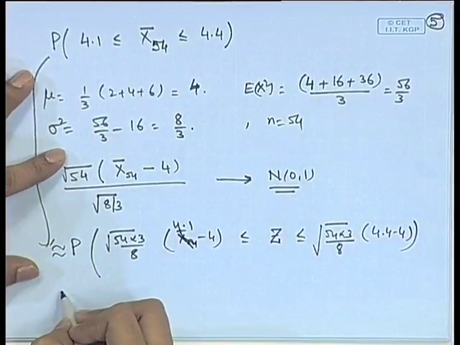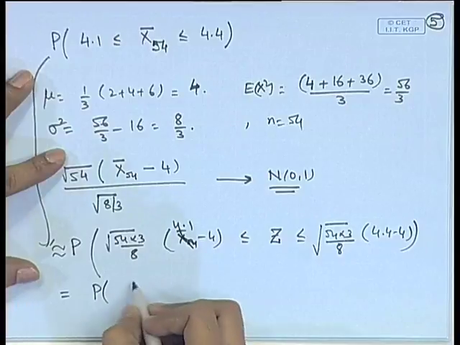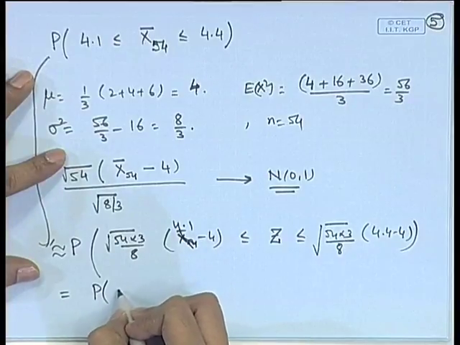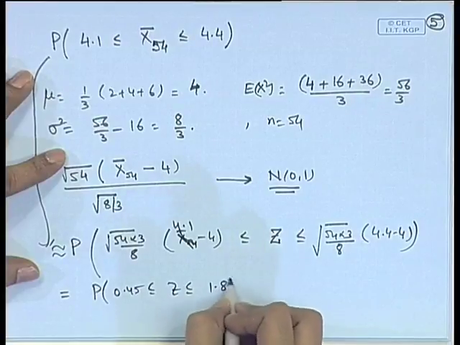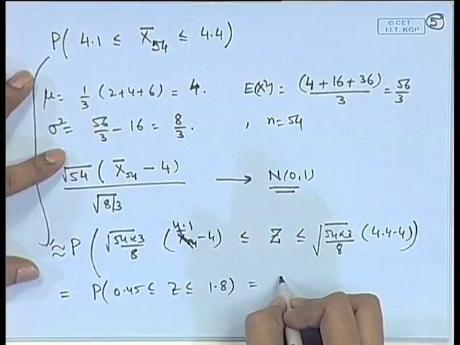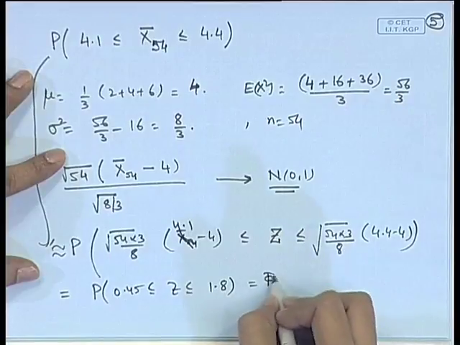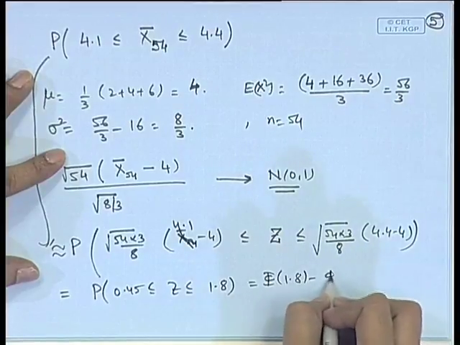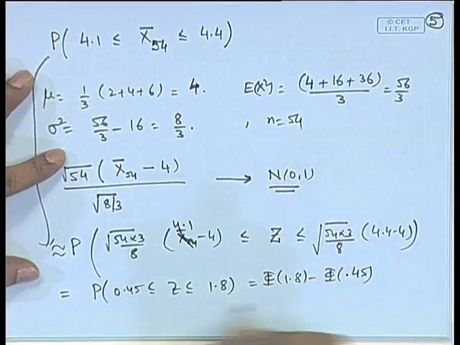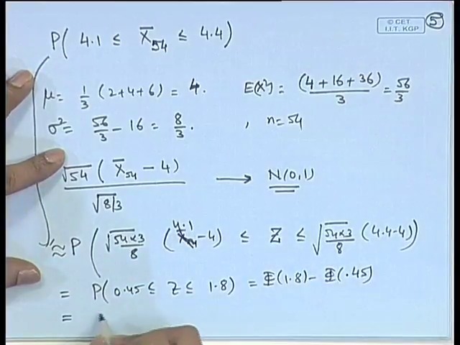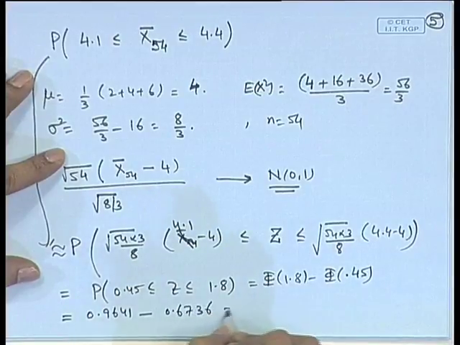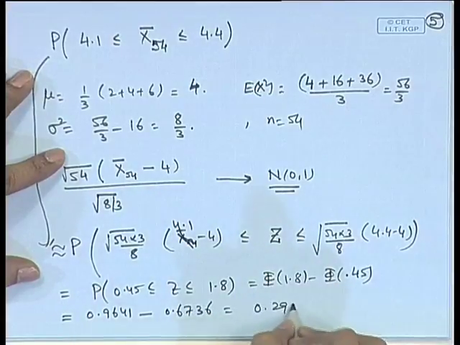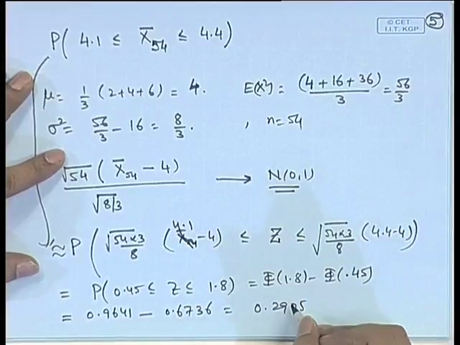If we simplify these terms, it is the probability of Z lying between 0.45 to 1.8, which is approximately phi of 1.8 minus phi of 0.45. So, from the tables of the normal distribution, these values are 0.9641 minus 0.6736, that is equal to 0.2905.